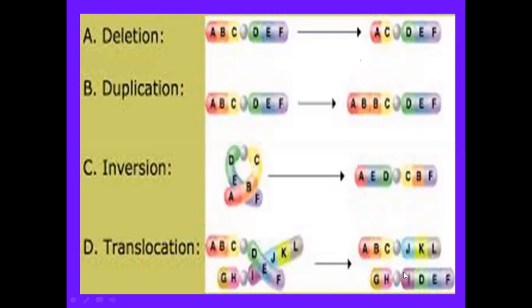So this is called translocation or transposition. So the position of genes has been changed here. JKL has been shifted from a non-sister chromatid to another non-sister chromatid, and DEF has been shifted to another part. So you have to remember deletion, duplication, inversion, and translocation in chromosomal aberrations.